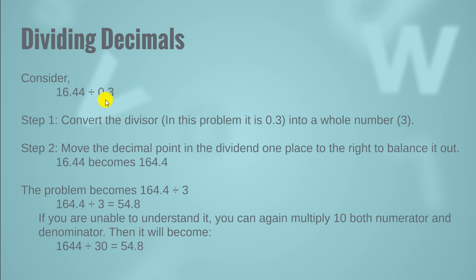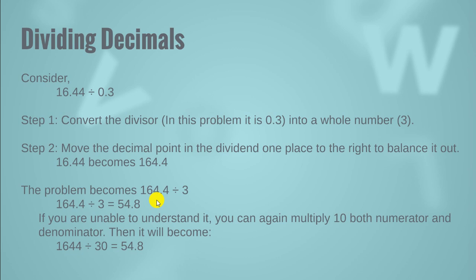Whenever we multiply it with 10, automatically we need to multiply the numerator also with 10 to balance out the equation. So our equation becomes 164.4 instead of 16.44 when we multiply it with 10, and 0.3 becomes 3.